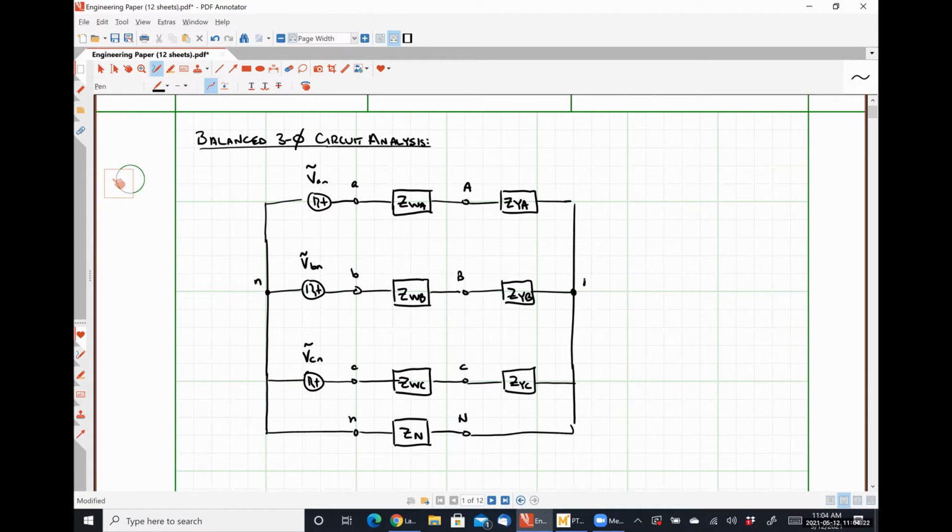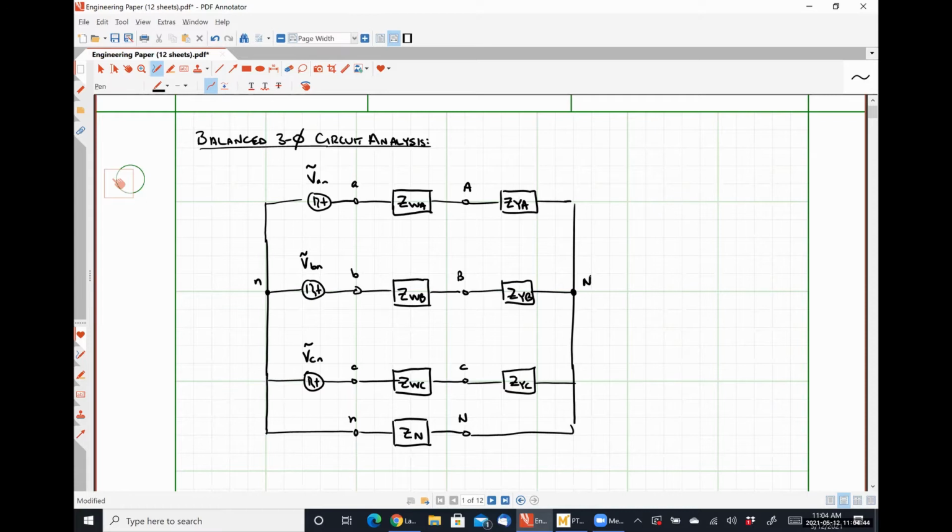And this node will also be capital N. So this is an example of a Y-Y system because we have a Y-connected source and a Y-connected load, and the two sides of the system are connected together with a transmission line network, okay?